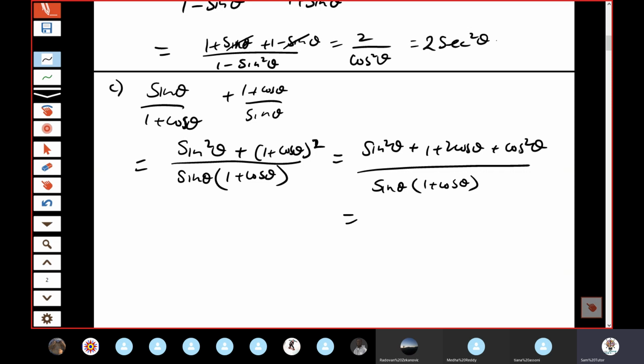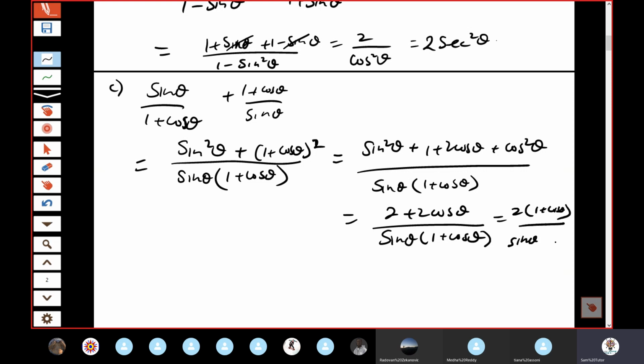Sine squared plus cos squared, 1. 1 plus 1, 2 plus 2 cos theta, on. Factorize. Cancel, cancel, you're left with 2 on sine, which equals 2 cosec this time, 2 cosec theta.